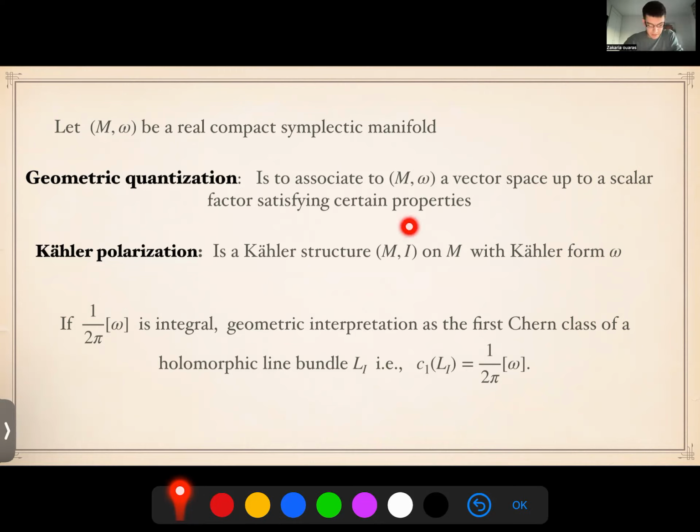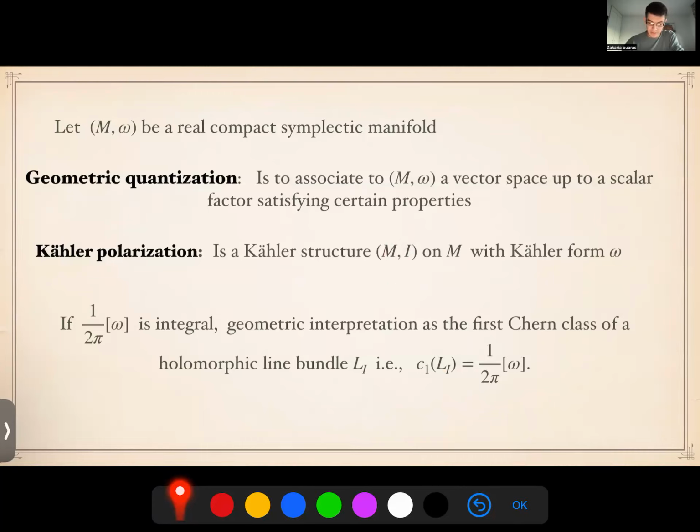Here, J is a complex structure that you fix, an almost complex structure, which is Kähler on M. And the line bundle is also holomorphic with respect to this structure, and you ask that the first Chern class is exactly the class of your symplectic form.